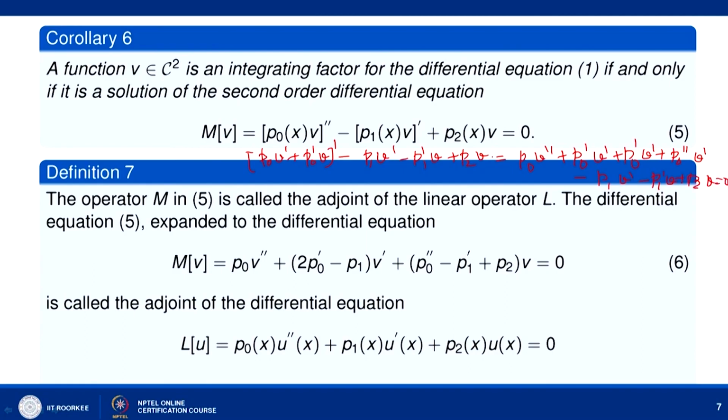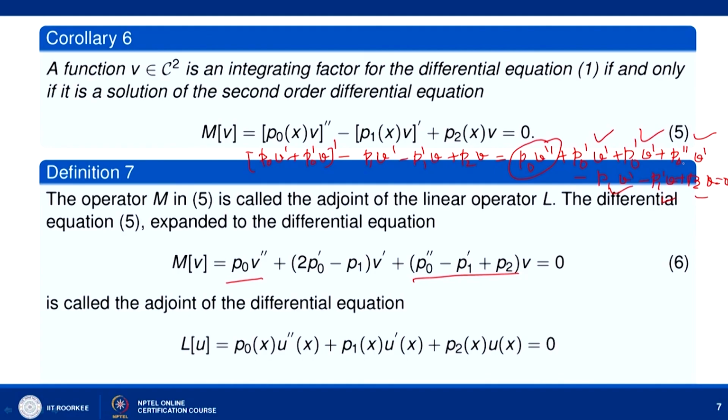When we collect this, then we have this relation: p0 v double dash, plus 2 p0 dash minus p1 v dash. So we collect the coefficient of v dash. The coefficient of v dash is here, here, here and here. So it is 2 p0 dash minus p1 v dash, plus the remaining part, that is here, here and here.